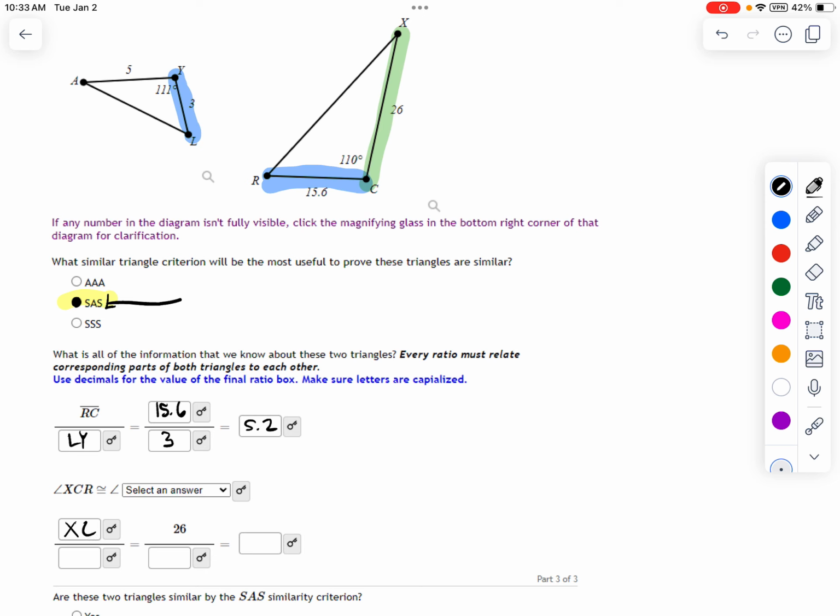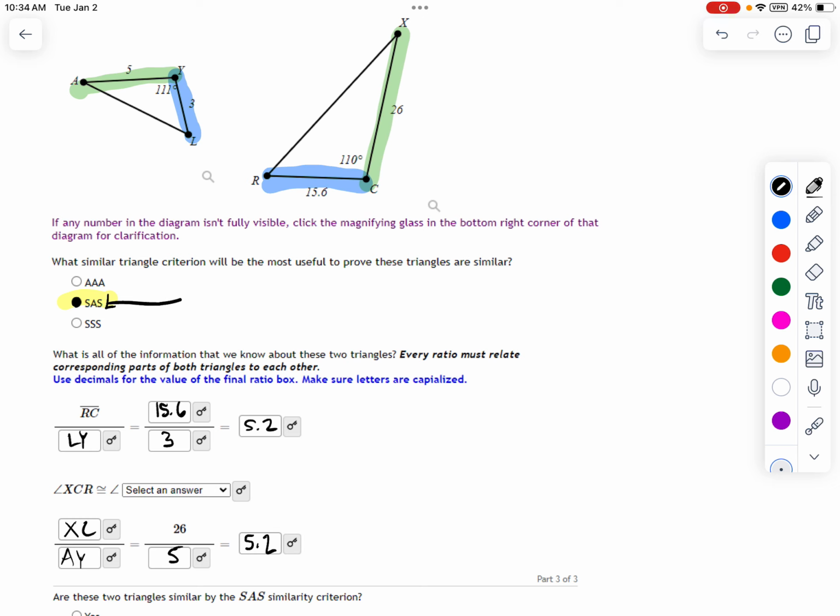On the other triangle, it corresponds to the longer side, which is AY or YA, and that has a length of 5. Then you just do the division: 26 divided by 5 is indeed 5.2.